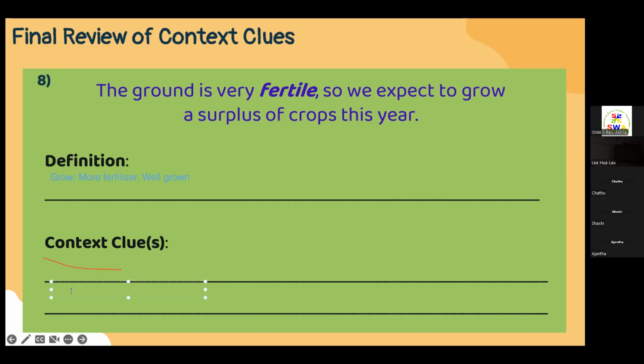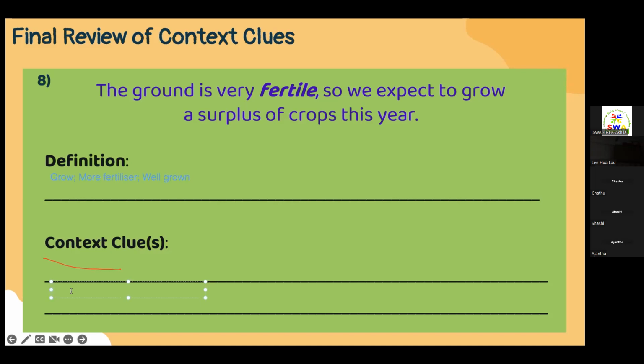Definition, is it? Okay, good try. It's not definition because there is no explanation of fertile after the comma, right? We don't see them explaining why or how the ground is fertile. So it's not definition. Bhumi, you said logic or helping words, right? Yes.